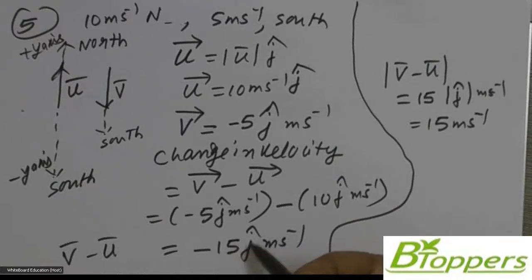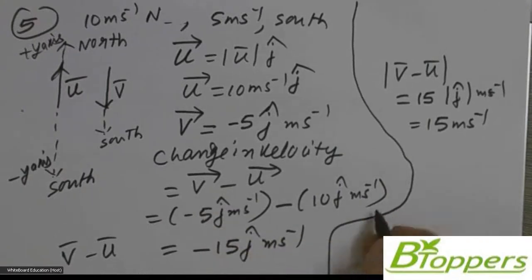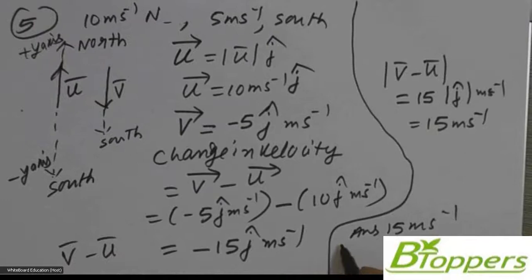Minus j cap is the unit vector along the negative y-axis. The negative y-axis is towards south. Therefore, the answer for this last question, question number 5, is 15 meter per second horizontally towards south.